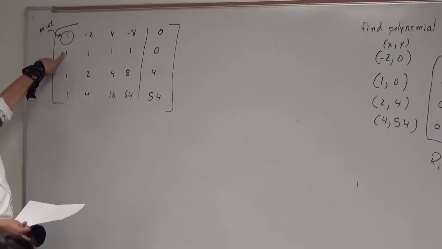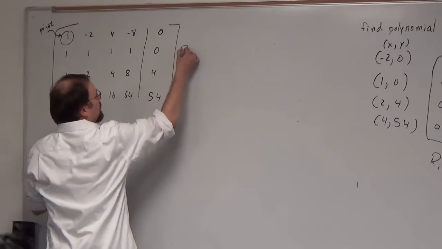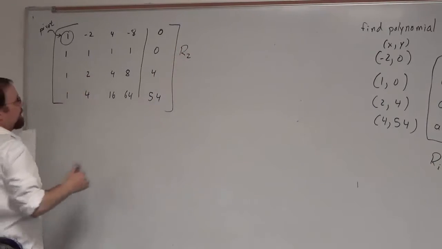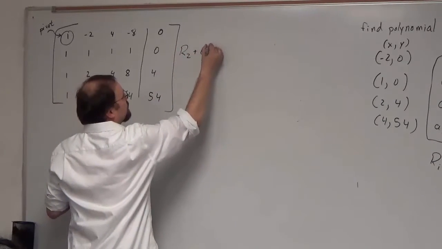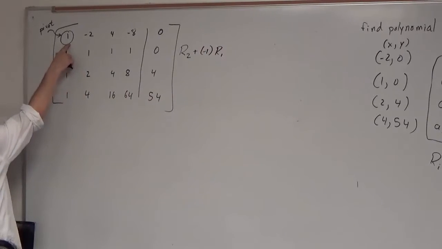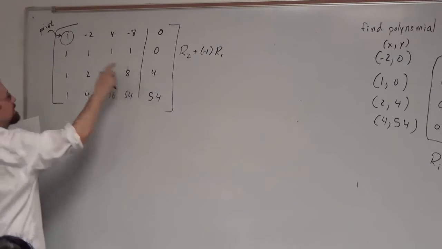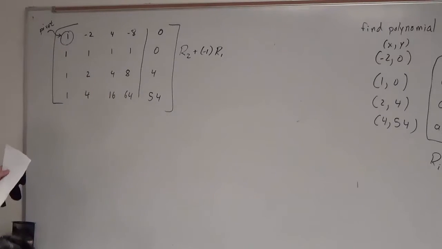Negative 1, right? So to row 2, I'm going to add negative 1 times row 1, because you want to multiply the row that has the pivot. You use it as a way of introducing the number you need to add to get 0.